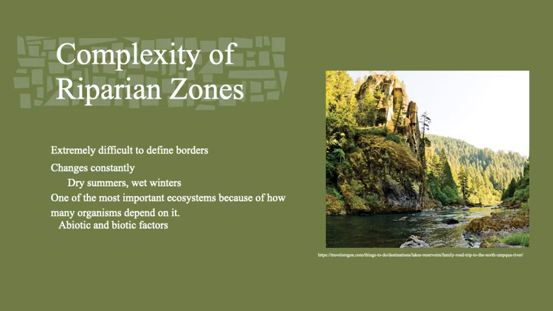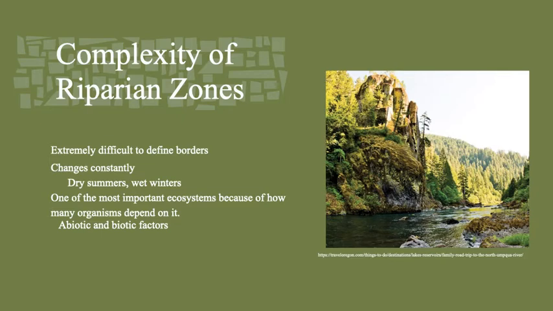So riparian corridors are very complex for a variety of reasons. One way that makes them complex is how hard it is to define the borders of the system. One scientist may say that the border ends at the stream bank, but another might say that the borders are an entire watershed.